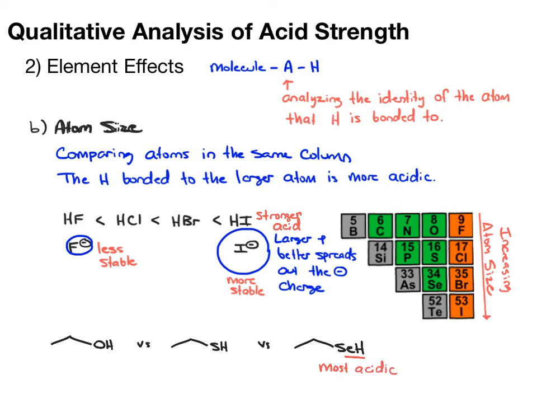The smaller oxygen will be the least acidic. Again, in this type of comparison, we're comparing atoms in the same column. Even though we do have electronegativity trends here, don't worry about electronegativity. We're looking at size. So despite F being more electronegative than I, size wins. Despite oxygen being more electronegative than selenium, size again wins.